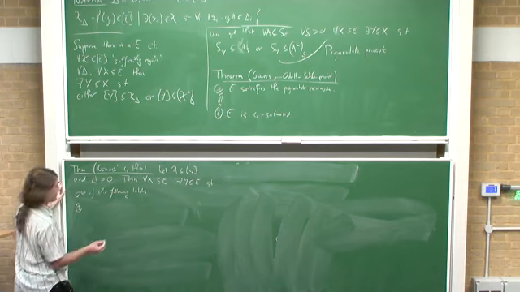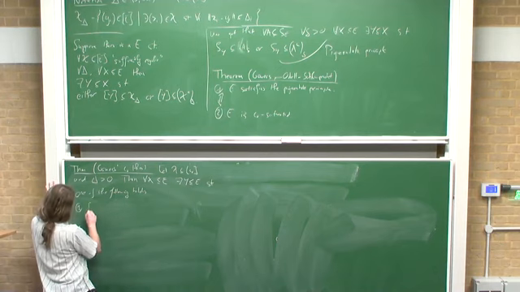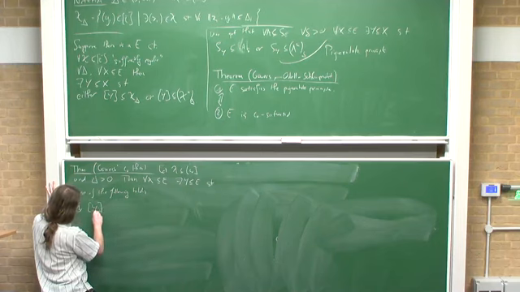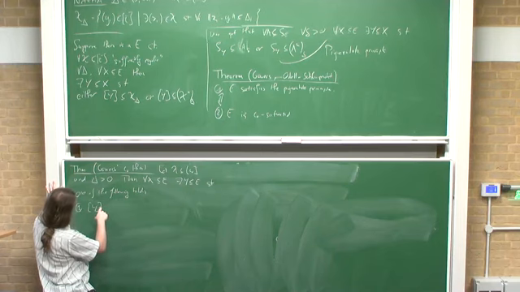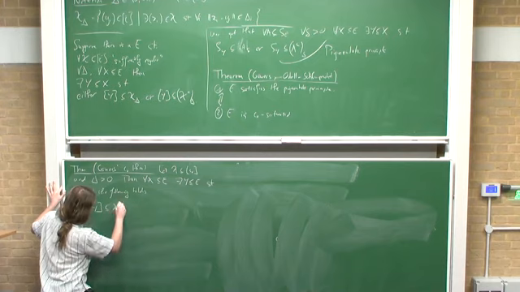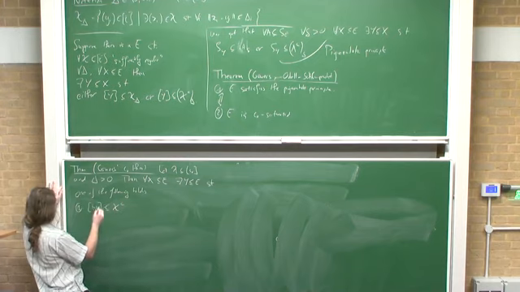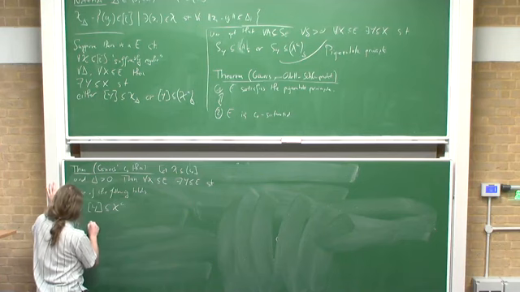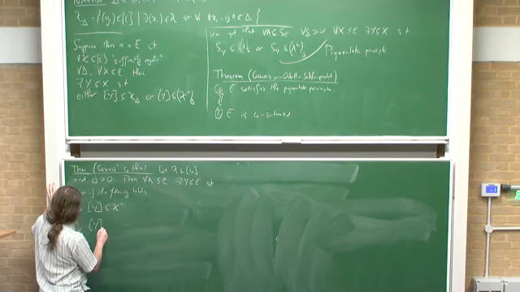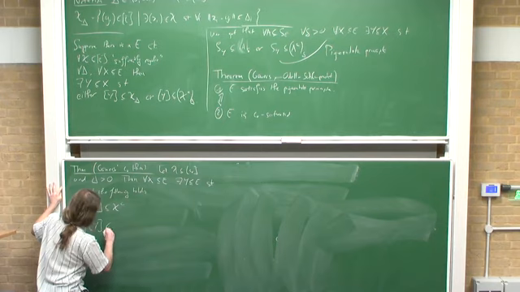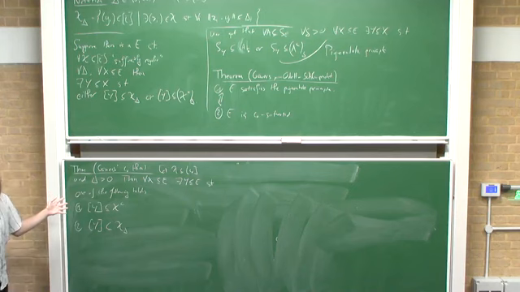Either every block sequence of Y belongs to X complementary, or every block sequence of Y belongs to X approximated by delta.